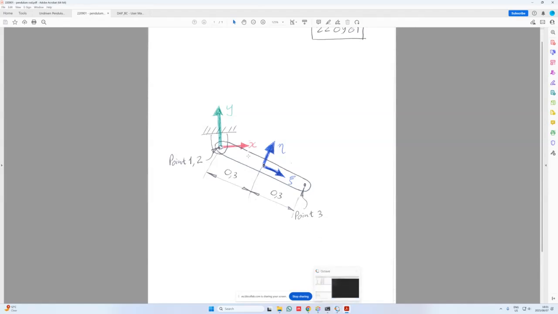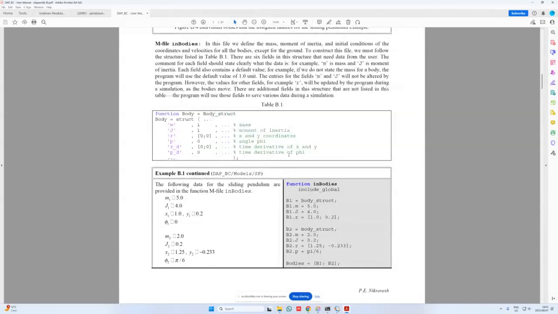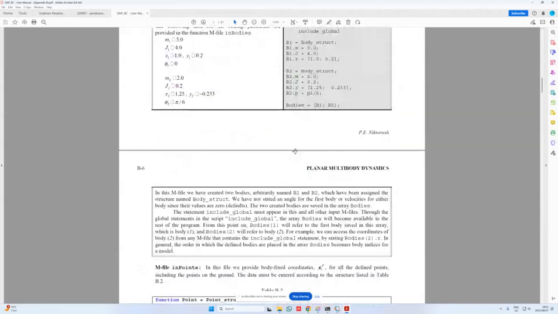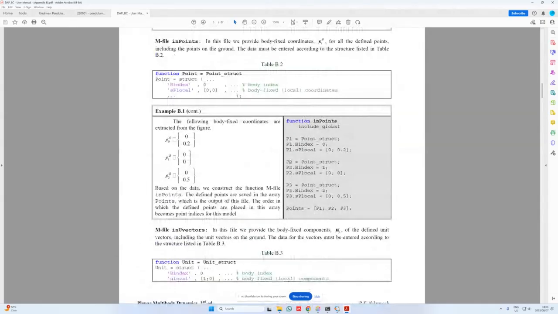And if I then look at the user manual and I go down to in point, you'll see that whenever I specify a point structure, I need to give a body index. So on which body is the point located? And then SP local is the body fixed or the local coordinates of the point that I specify.